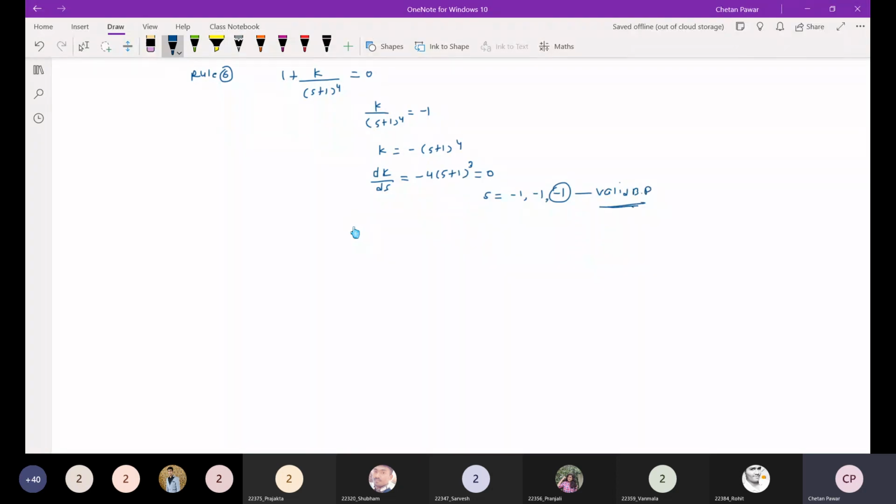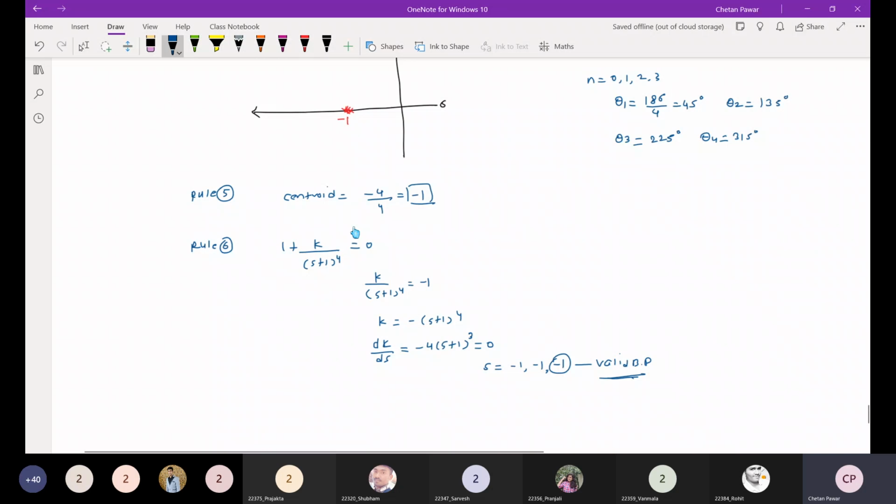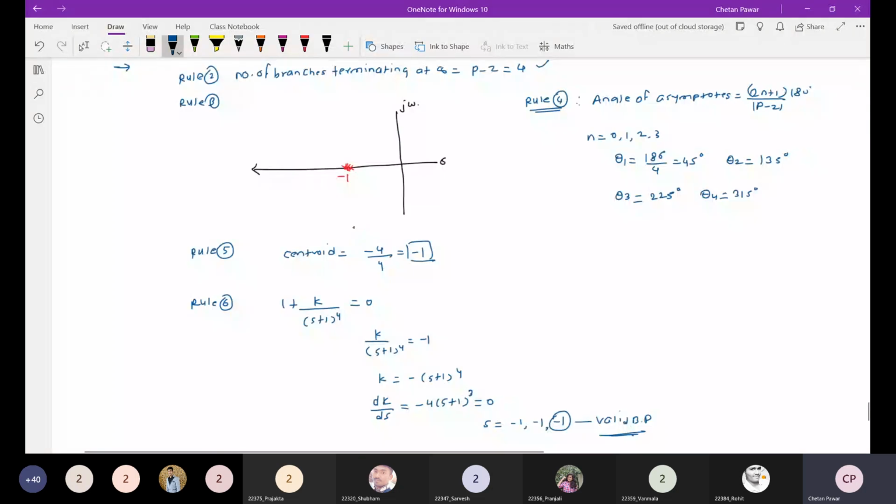Okay. Now let us draw the root locus by using the angle of asymptotes, by drawing the asymptotes.